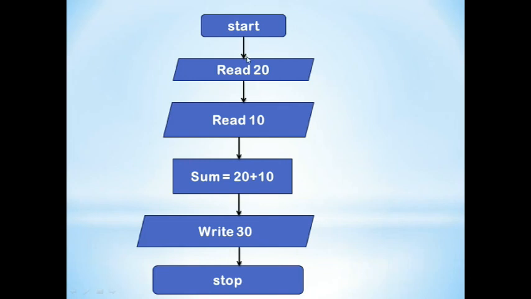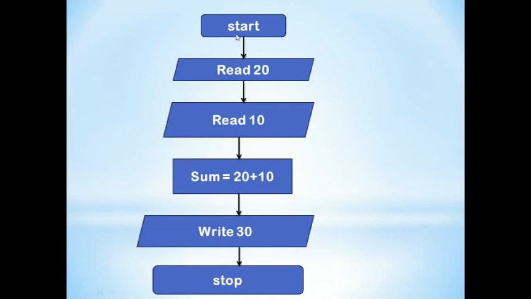Now the arrows are pointing downwards, from top to bottom, and that shows the flow of actions. And third point, a flowchart should have only one start and one stop box.